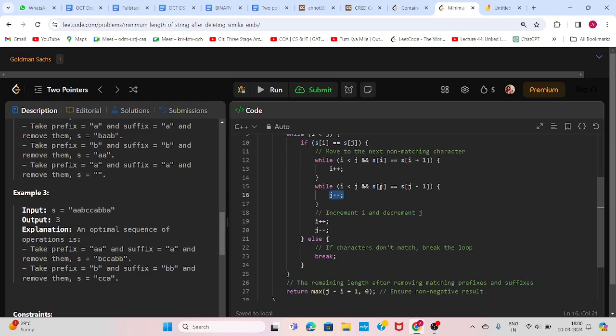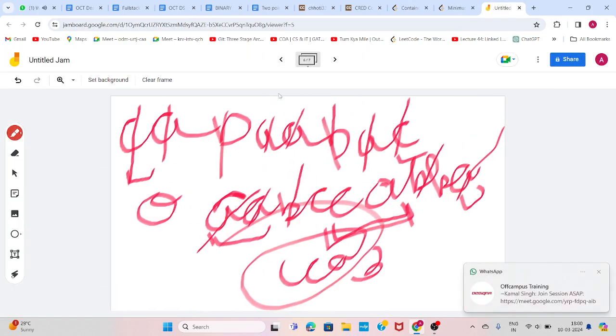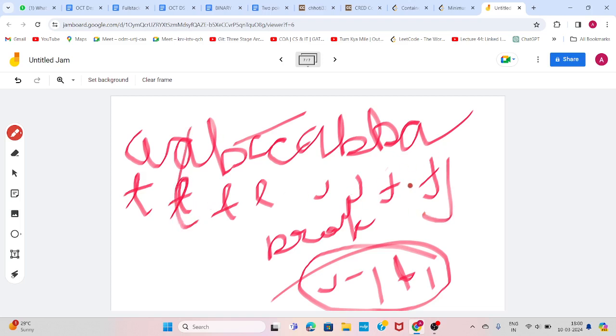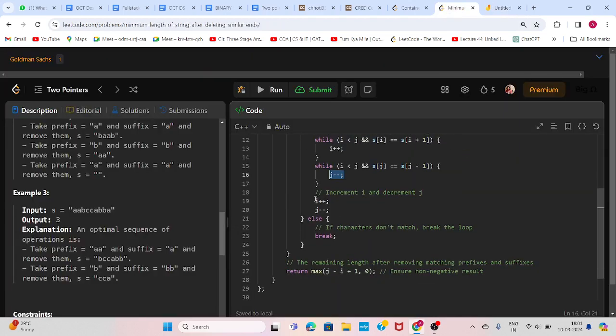Our pointers reach here, so i will be here and j will be here. There is no need to remove anything, we just shift i and j. That's why we are doing i plus plus and j minus minus.